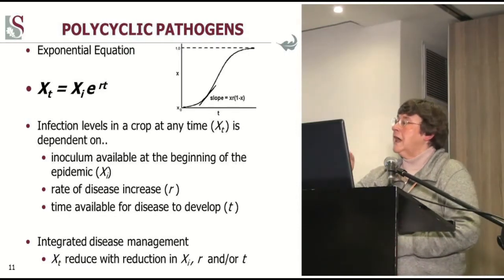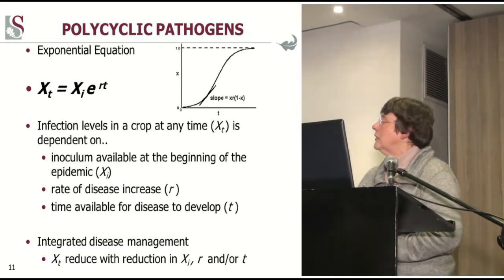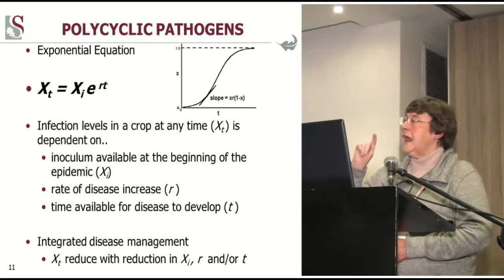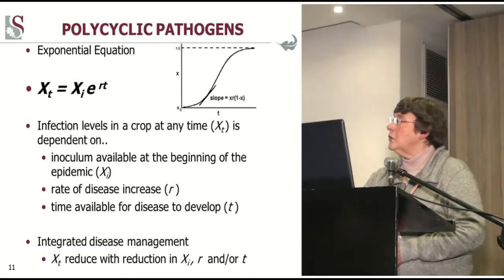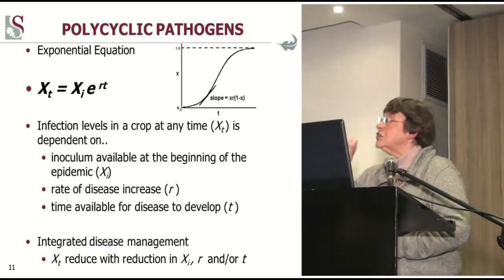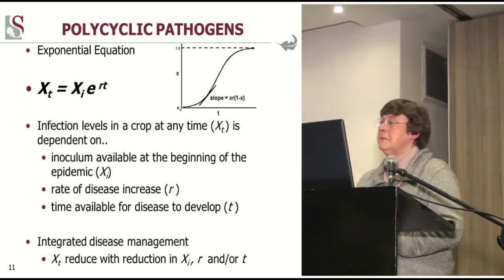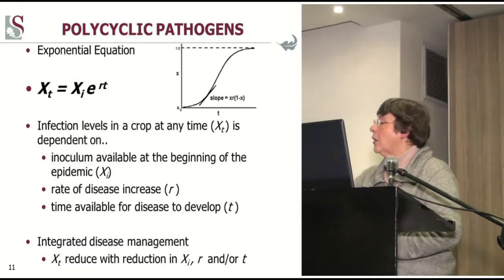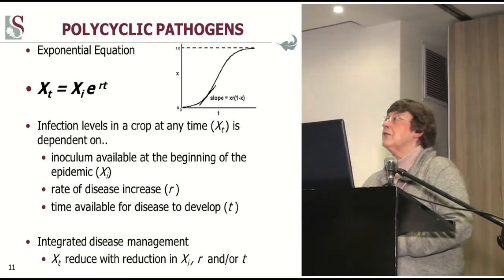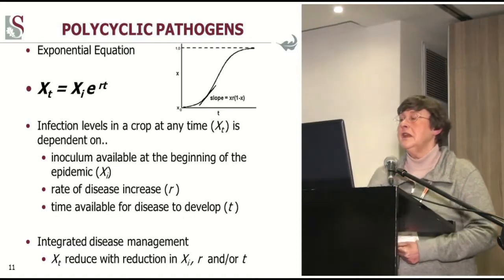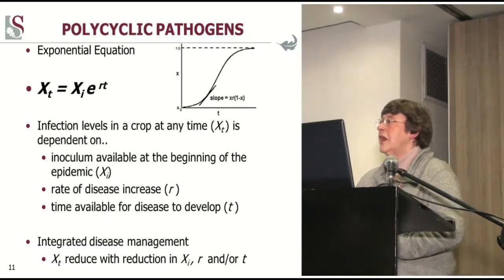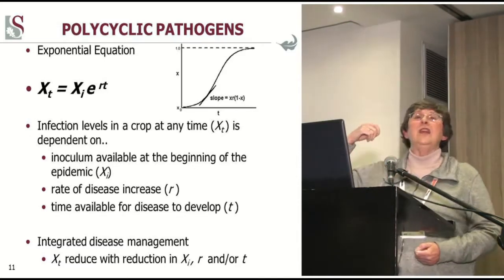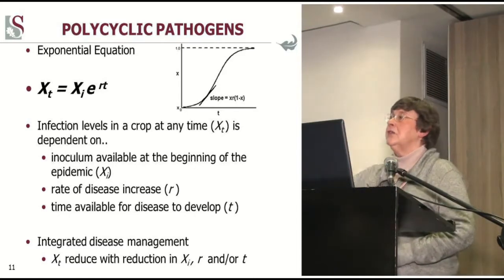The exponential equation that describes that sigmoidal disease progress curve is x_t, the disease at a time t, equal to x_i, which is your initial inoculum, how much initial inoculum there is, times e to the power r times t. r is the rate at which that disease will progress, and t is the time that is allowed for that disease to progress. And the little symbol e is the exponential constant, so it's a constant that shows you that the disease is explosive, it's exponential in growth.